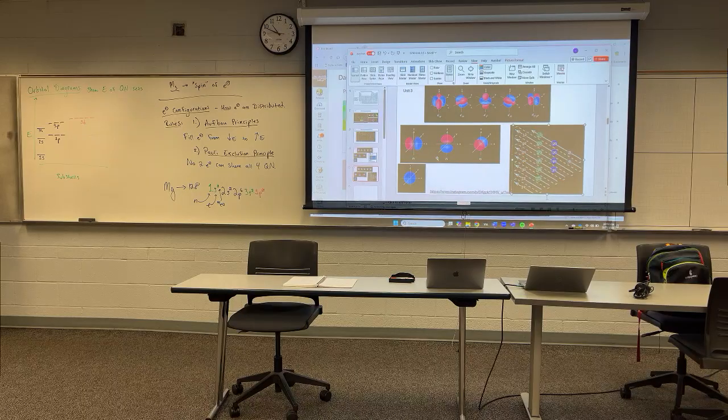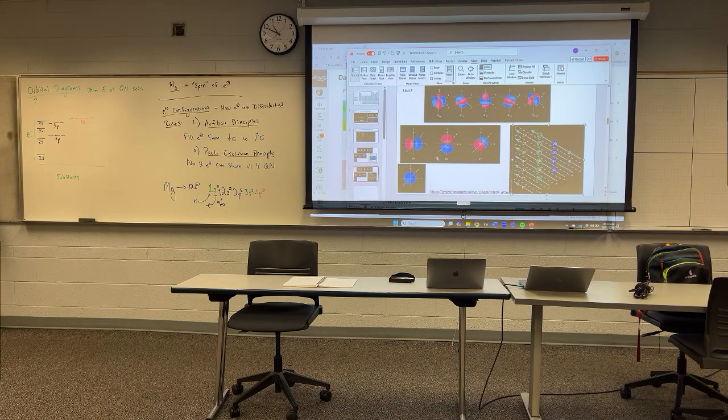Now, if we were looking quantitatively at this, then by the time we get to 4s, we might actually recognize that it's going to fill before 3d. So we may actually want to show that 4s is near the energy of 3d or lower.